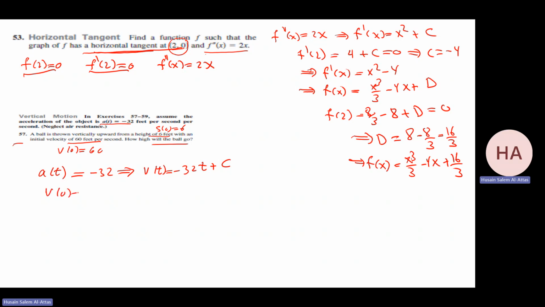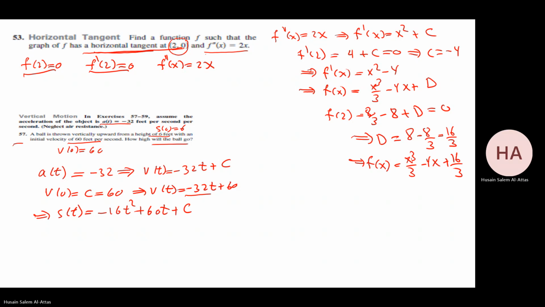V at 0 will be c equals 60. So v at t is minus 32t plus 60. Okay. Now s at t will be what? Integrate this: minus 16t squared plus 60t plus c. Okay.